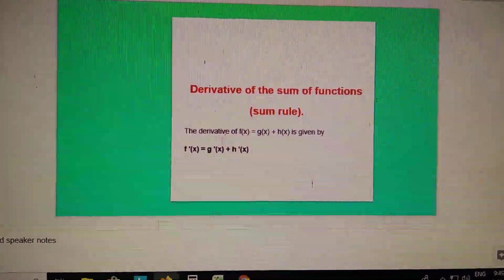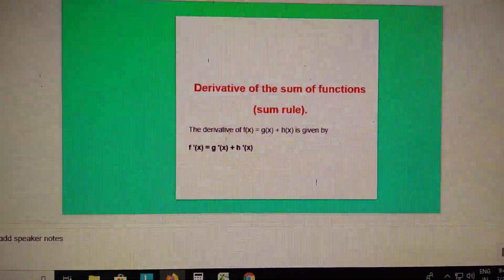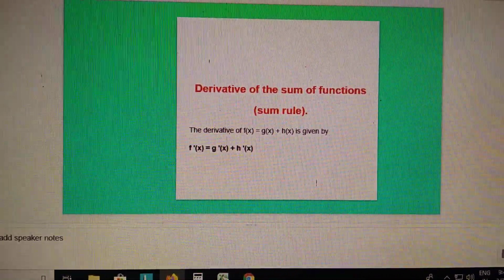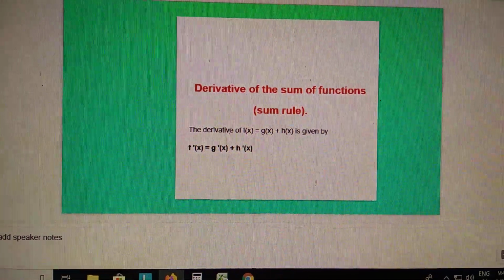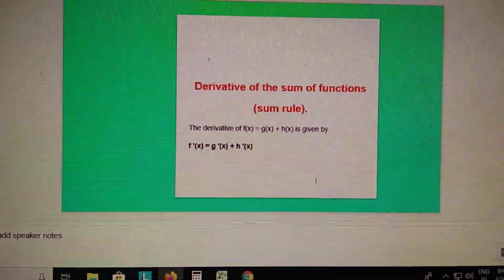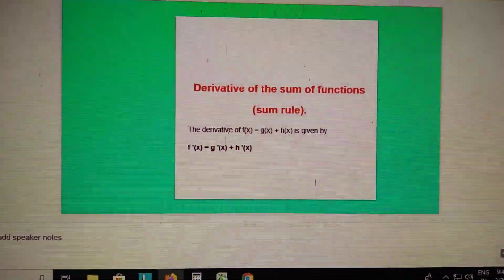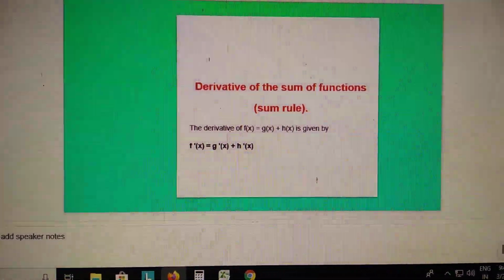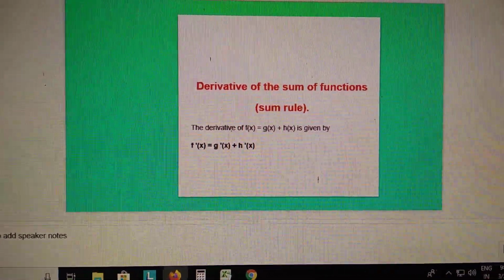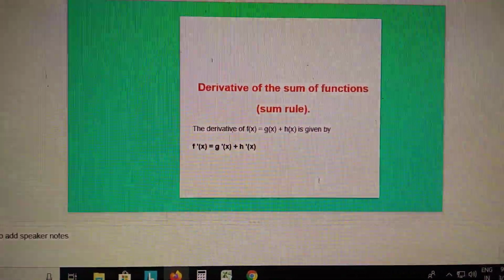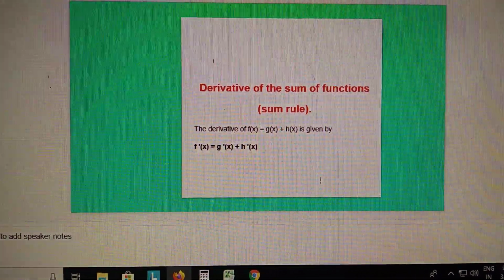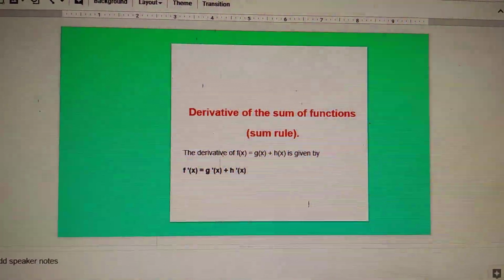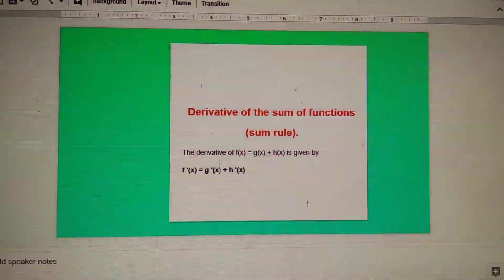It is clear, if f is the sum of two functions, say f of x is equal to g of x plus h of x, here h of x and g of x are also functions. Now the derivative of f is the derivative of g plus the derivative of h. That is, the derivative of a sum is the sum of the derivatives.